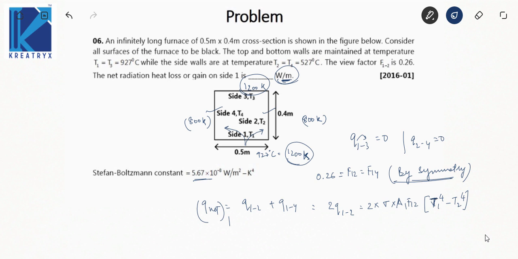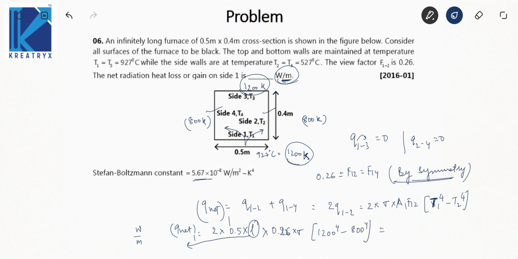Let's find Q net 1. 2 into 0.5 into L. Okay, so here you get L. What you do is take L here and you will get the answer in watt per meter, into 0.26 into sigma, T1 you know as 1200 raised to the power 4 minus 800 raised to the power 4.